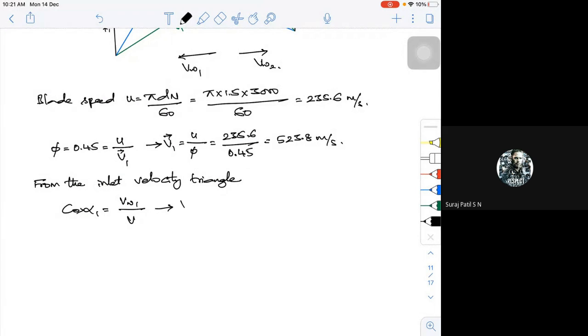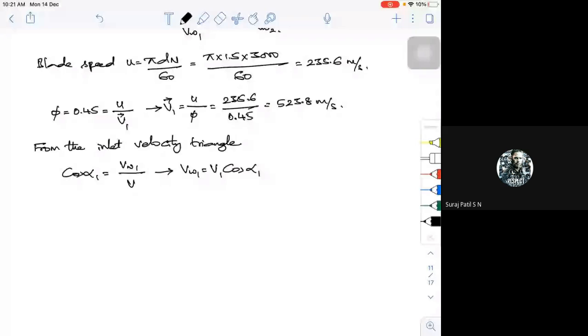Or I can write VW1 is equal to V1 cos alpha 1. What is the value of V1? Just now we calculated, it is 523.8. I know the value of alpha 1, so I can easily find VW1. VW1 is equal to 523.8 into cos 20. From the calculator, I am getting this value as around 492 meters per second.